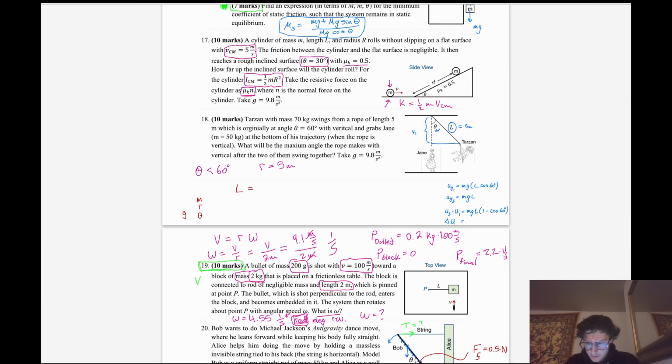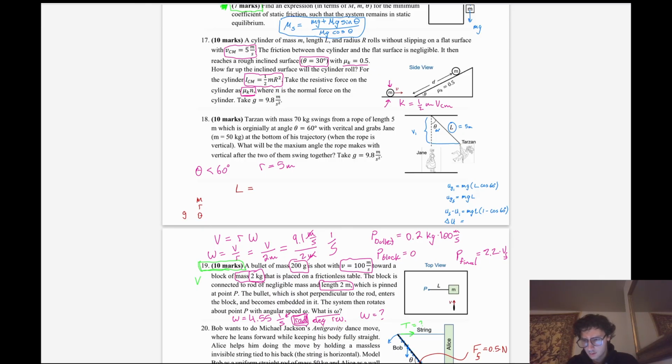So, mass of the guy, 70 kg. I'm not going to put units right now. I normally love to put units, but we're running short on time, and I'm going to just make sure everything is in SI units. 70 kg times g, 9.81 meters per second squared, times L, which is 5 meters, times, and then brackets, 1 minus cosine of 60 degrees.